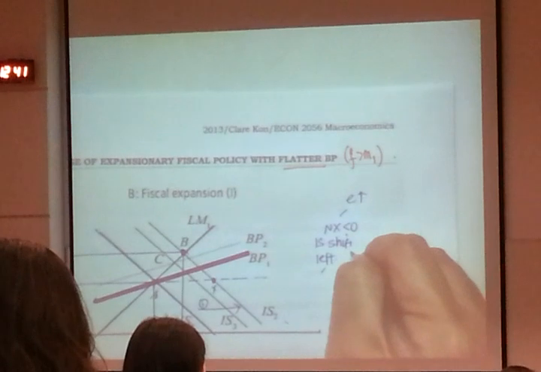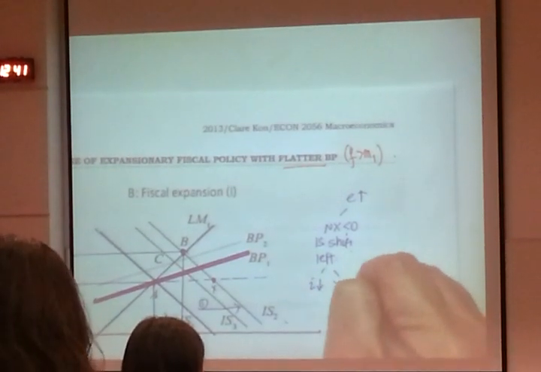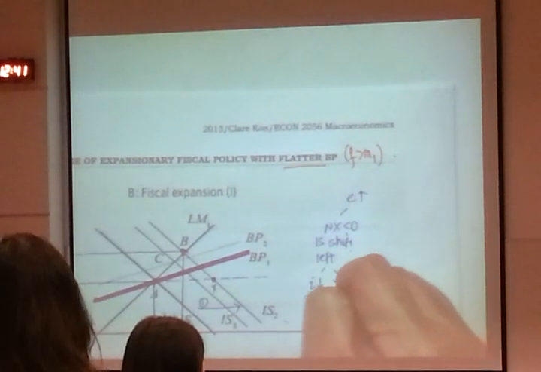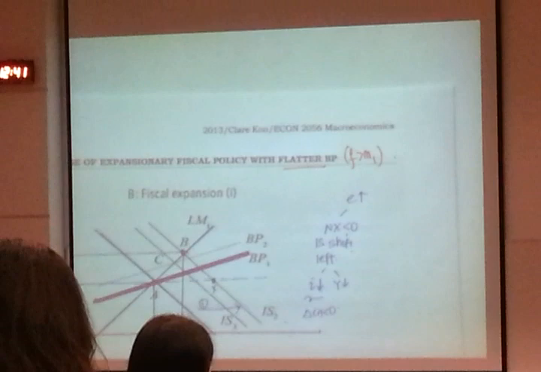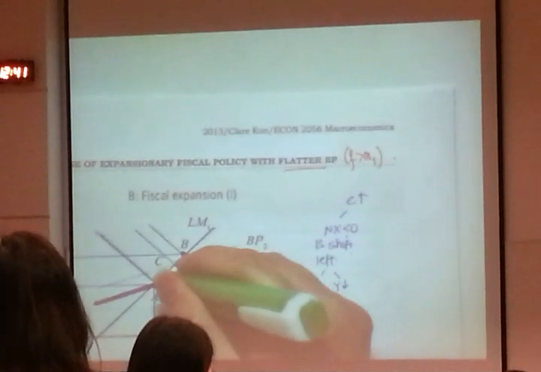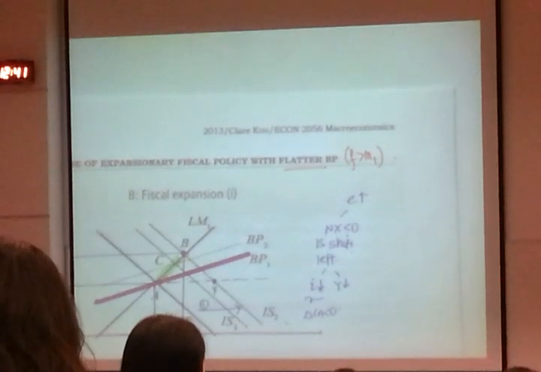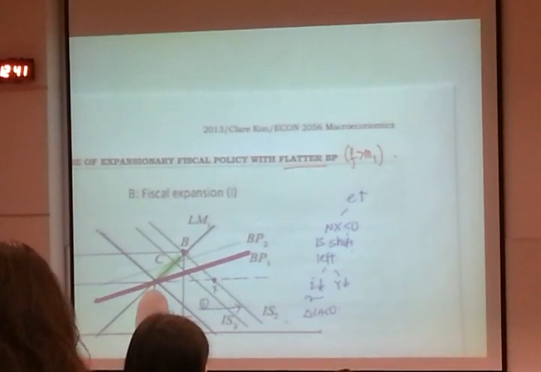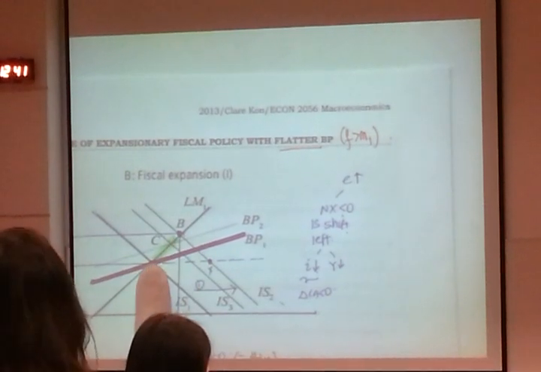If I were to shift my IS to the left, interest rates drop, income drop. And I need interest rate drop so that I can have capital outflow. So I know anywhere along here is valid. I already reminded myself I don't need to go to A, but I have to shift the IS to the left.